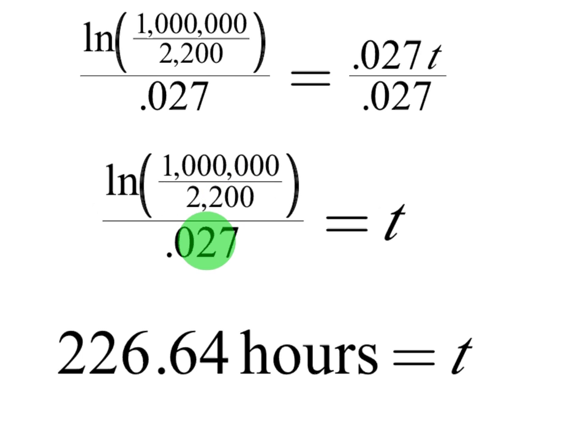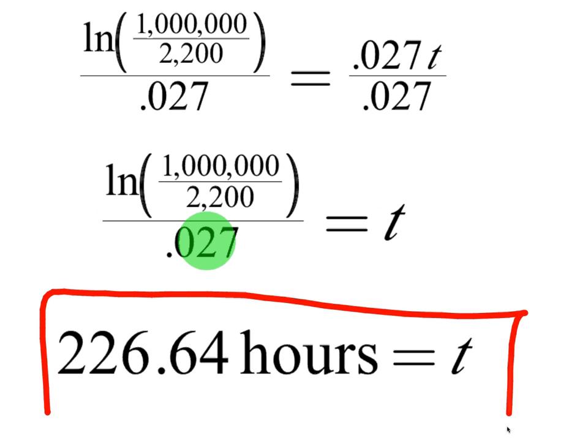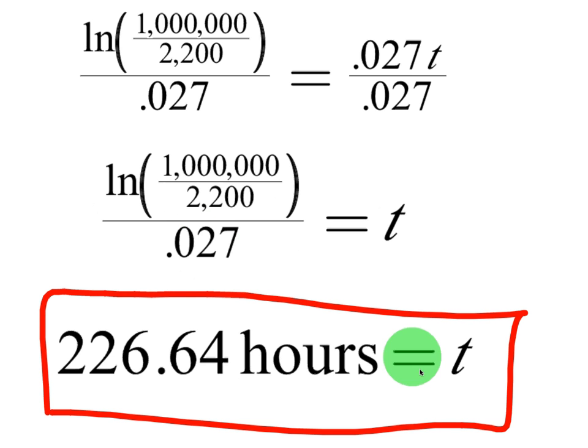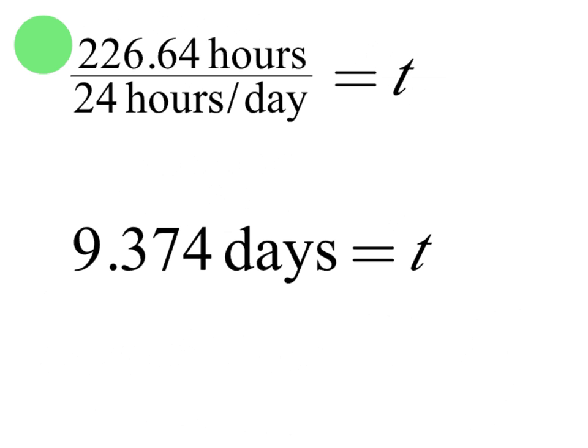Plug that into your calculator, and you get a time, let's use red since we were using red before, of 226.64 hours. This is how long it's going to take for there to be 1 million bacteria. Now that's actually not that long of a time. If we convert that to days, we will take the 226.64 hours and divide by 24, since there are 24 hours in a day.